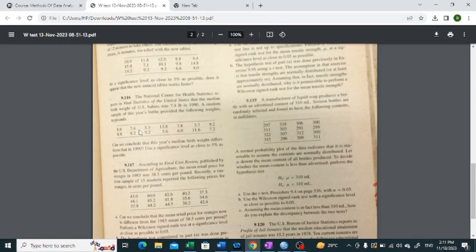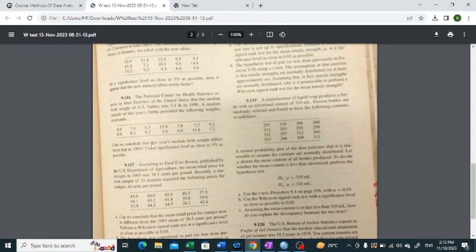So we drop this value from the data, there is no score. If 14 is the sample size that we are given, after dropping this observation we will be left with 13 observations.